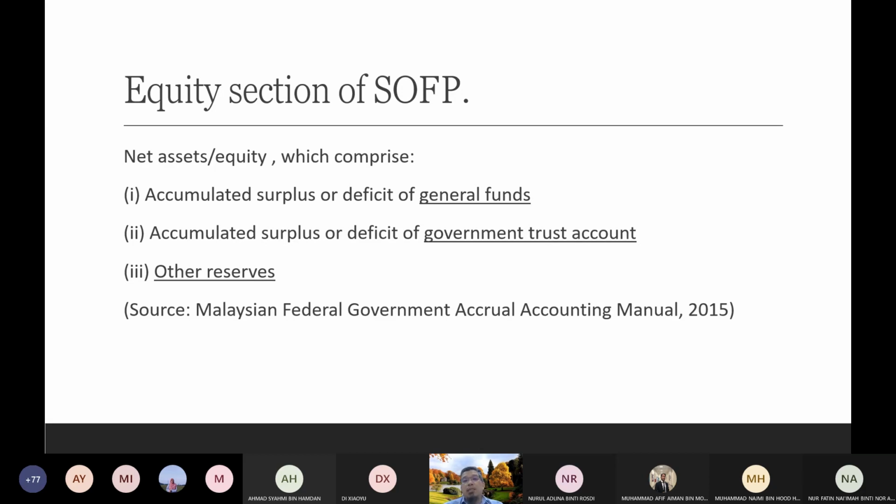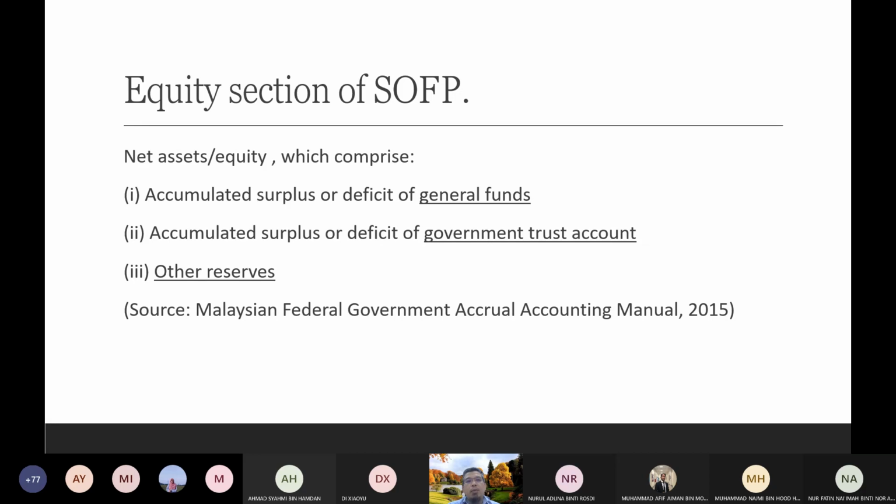So you can expect the government trust account, because the government is a trustee, that's why they have to account for it separately, because all these assets basically belong to the trust. Unlike the general fund, where the government has more flexibility to use them. These are the available public money that can be used for new projects by the government.